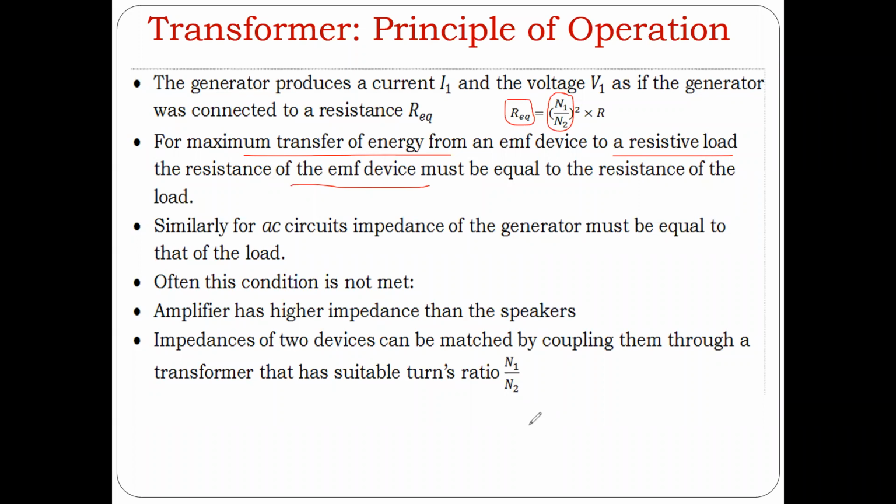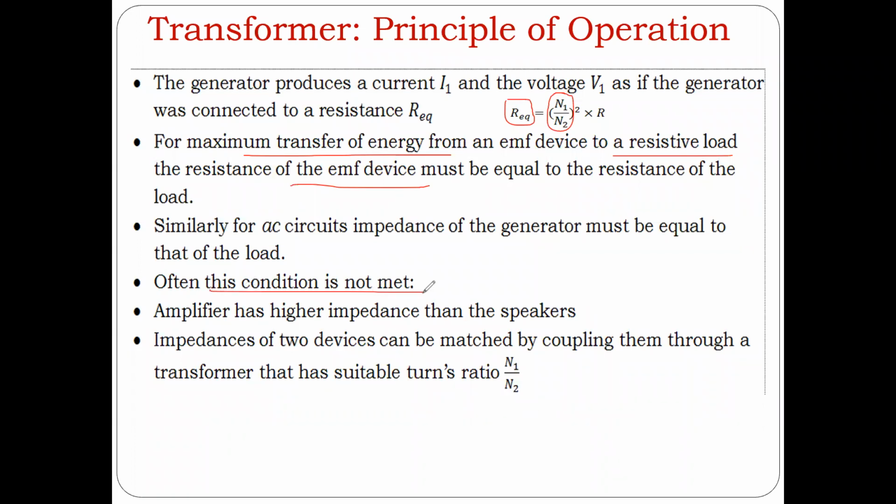I told you previously that you should try to understand this and mathematically prove it. I want all of you to do this. Maybe in one of the quizzes I'll ask this question, so don't be surprised. You should be able to prove analytically that the energy transferred between source and load is maximum when the source impedance and the load impedance are equal. I'm leaving this to you as an exercise.